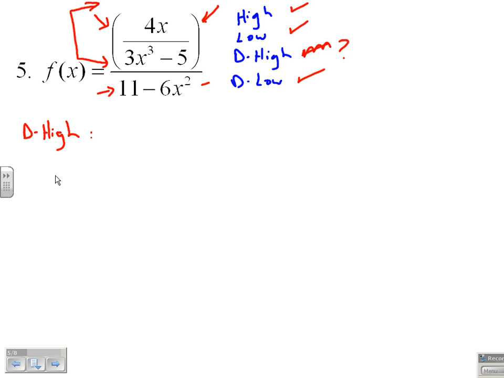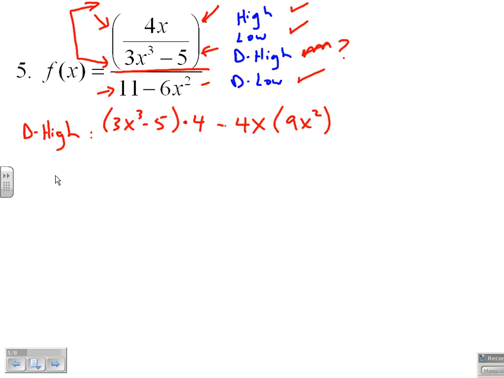I get this guy up here above the line. I get its low, 3x cubed minus 5, low d high, the derivative of the high is just 4, minus high, 4x, d low, oh, d low is not a problem. Now d low here is just 9x squared.